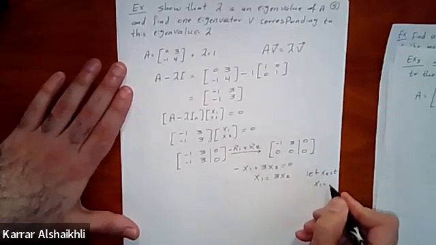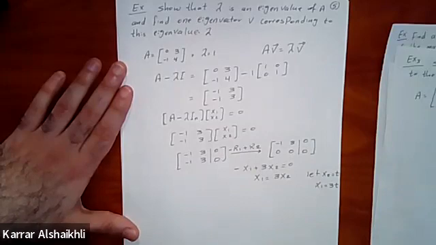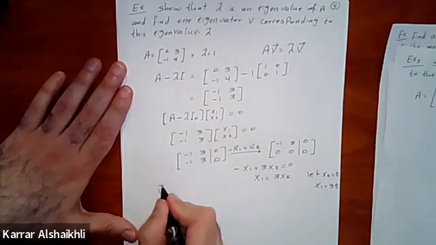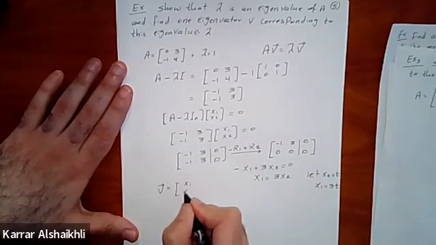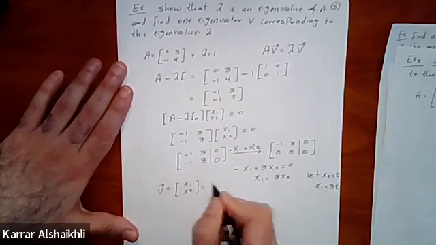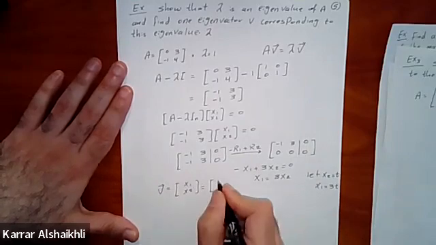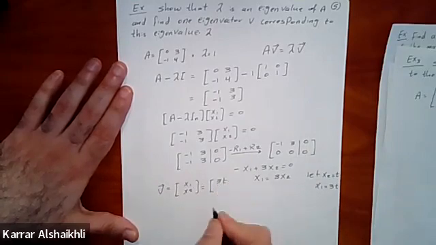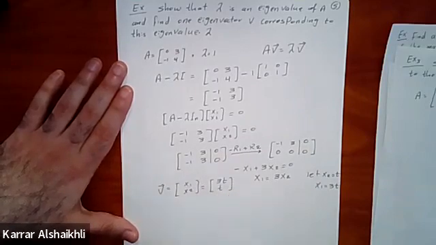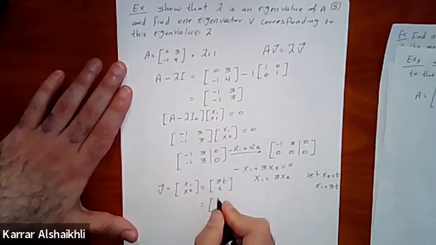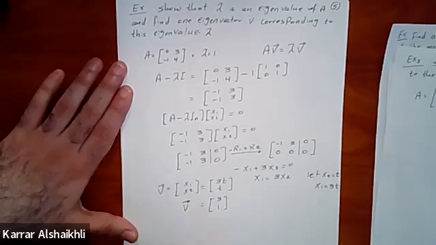So x1 is going to be 3t. That means the vector v is x1, x2, which is 3t and t. Let t equal 1. That means it's going to be the vector 3, 1. One of these vectors is going to be 3, 1.